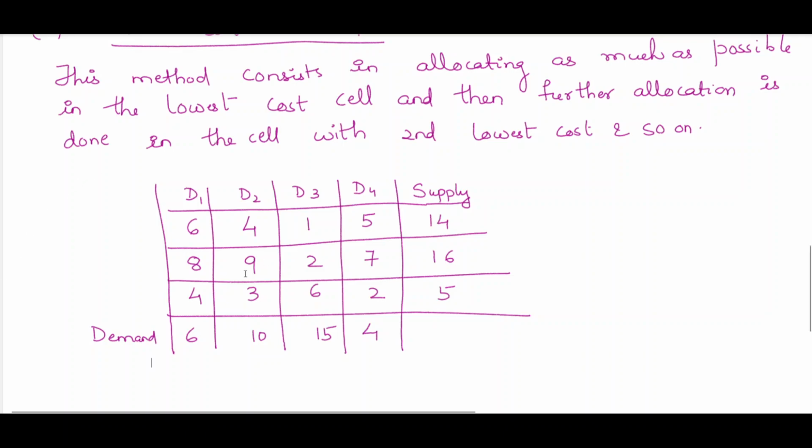Out of these costs, the least cost is one, so we will start allocating to this cell. Here 14 is the supply and 15 is the demand.